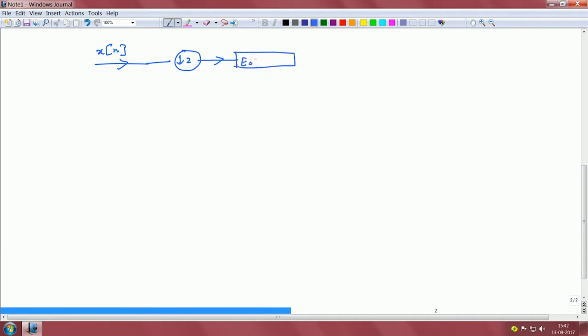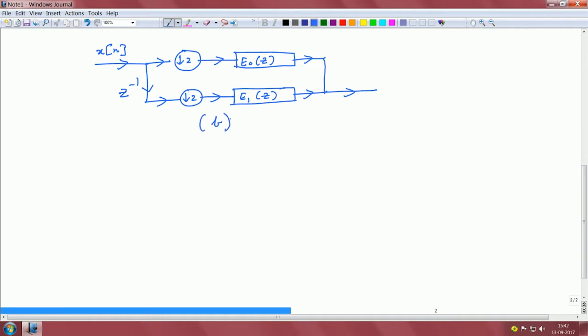This is followed by some filter of lower order, which is E0 of z, delay, downsampler, followed by some filter which is E1, and now we have the output, and I call this structure B. This is post application of Noble identities.